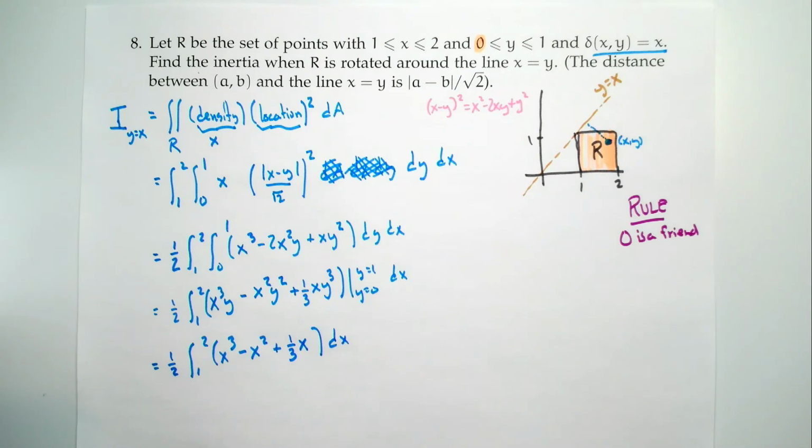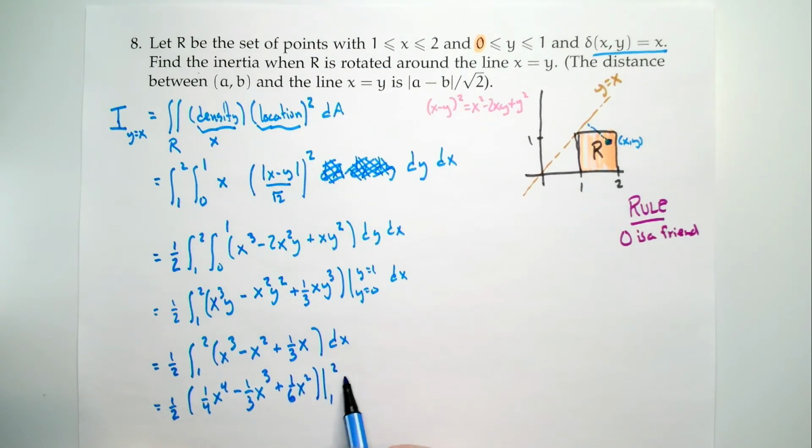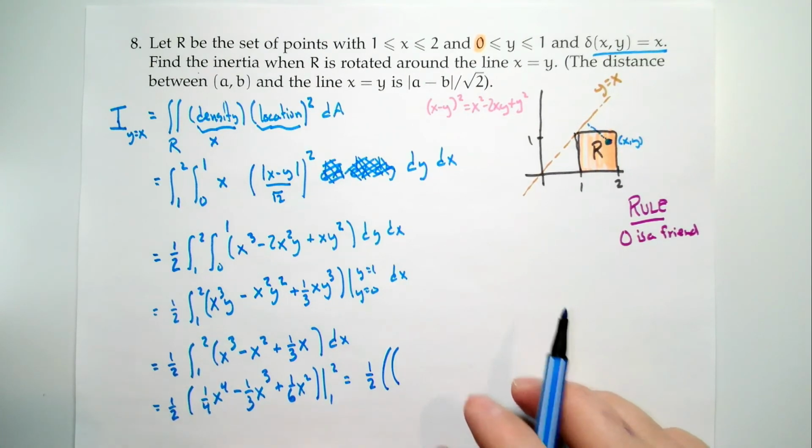Making progress. Okay, so 1/2 integral of x cubed, 1/4 x to the 4th. Integral of x squared, 1/3 x cubed. Integral of 1/3 x, well, 1/3, then there'll be another half, so 1/6 x squared. Evaluate from 1 to 2. So we end up with a half times, okay, this is going to take a while for us to work through.